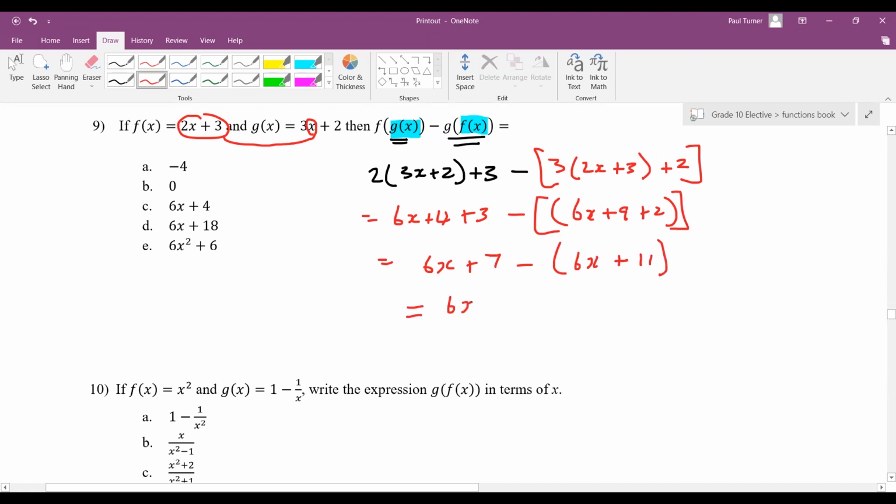So 6x + 7 - 6x - 11. Cancel your 6x, 7 minus 11 is -4. So that will be A, for that one. So straightforward. It's just a basic calculation, that one.